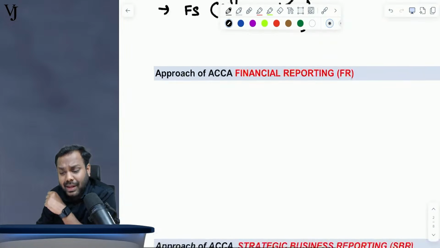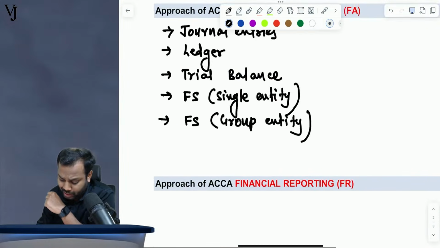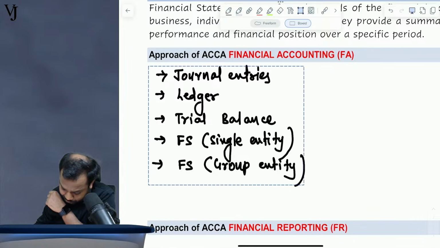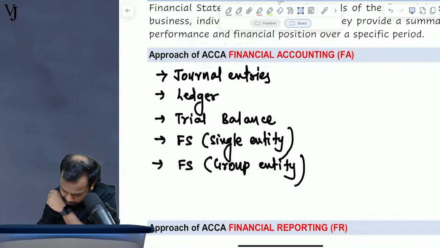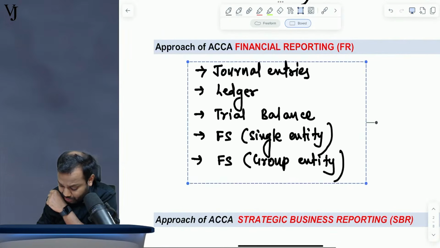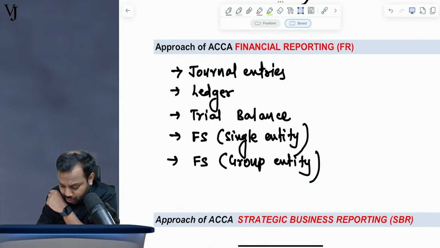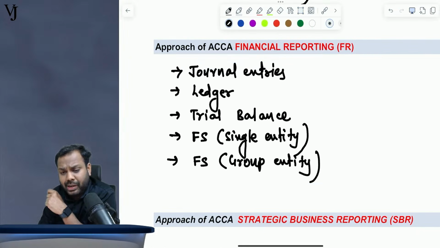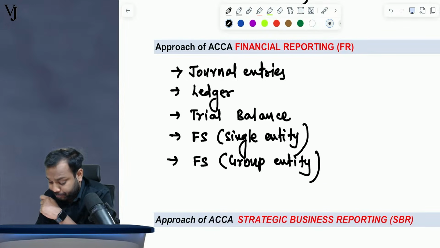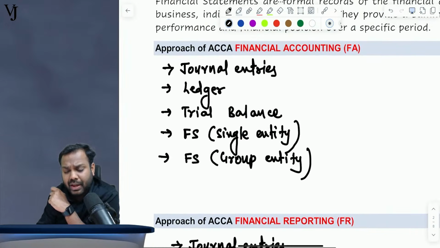Now, when you reach FR level, understand guys how the things change at FR level. Do we need to pass journal entries at FR level? Yes. But then what is the difference between FA and FR?